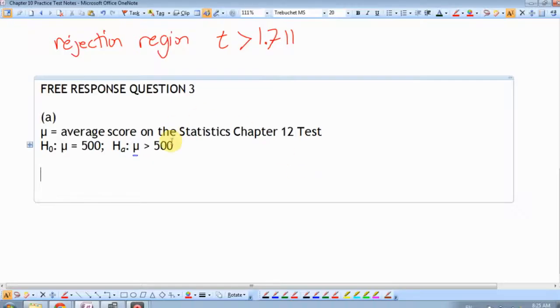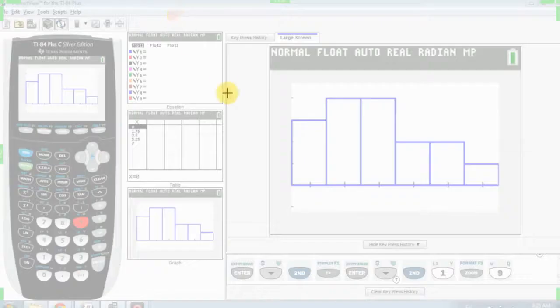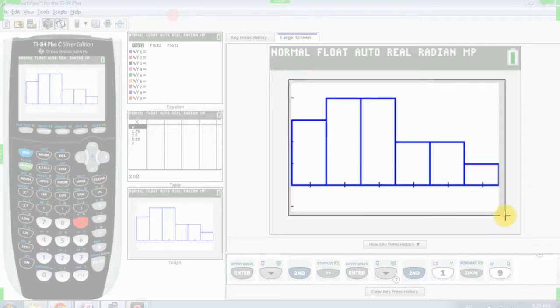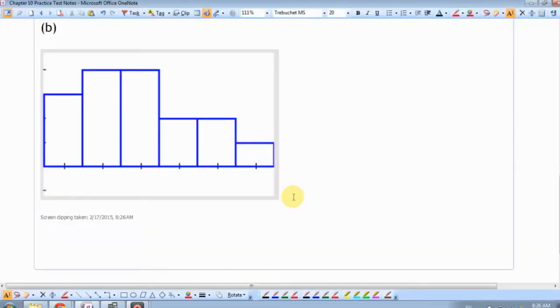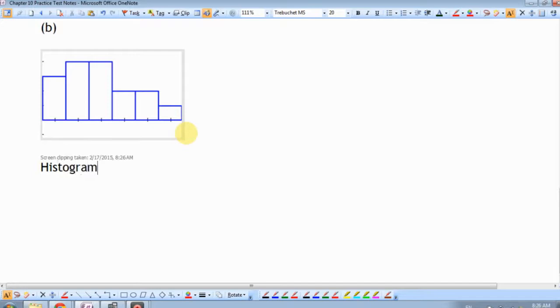So let's take a shot at that. Let's see. So what are we saying about this? A histogram. Almost single. Yeah, a histogram. Well, no, that's pretty single peaked.